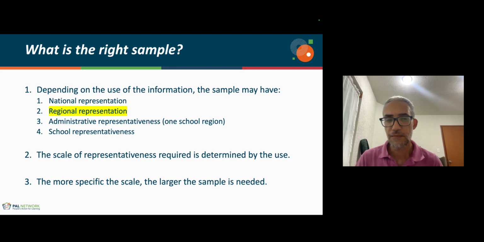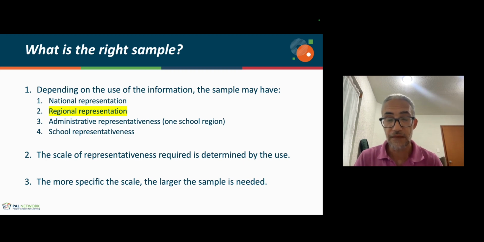The second important point in this kind of decision is the scale of representativeness. The scale of representativeness required is determined by the use. The use is critical to understand why this sampling is not in schools or in a national survey. These are the kind of decisions we can make thinking about the use.